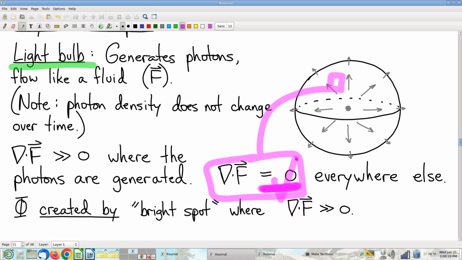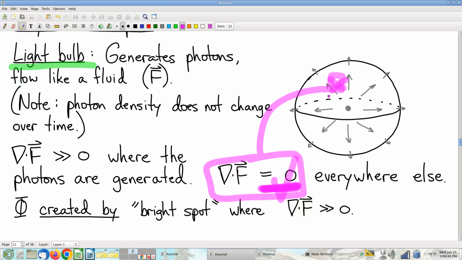The divergence is zero because there's no photons coming from that location. That's not where the bulb is. That's not where the little LED is. At that location, photons go in, they fly right out. It's not the source of anything.